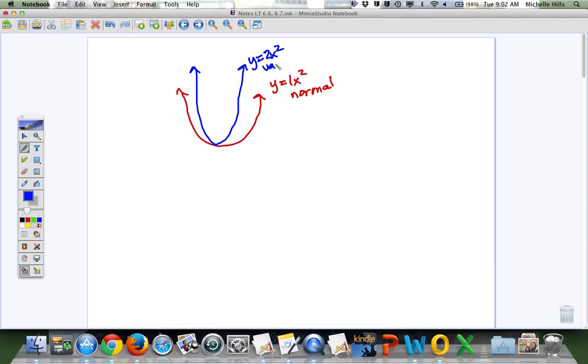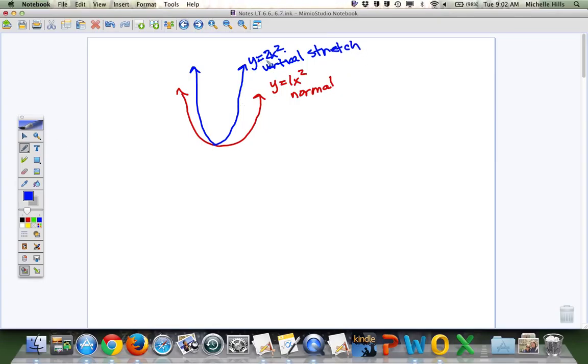it's a vertical stretch. I think of it as if I took this original function, the red function, and put it on some silly putty, and then stretched it up and down with my hands, it would stretch into something like this.